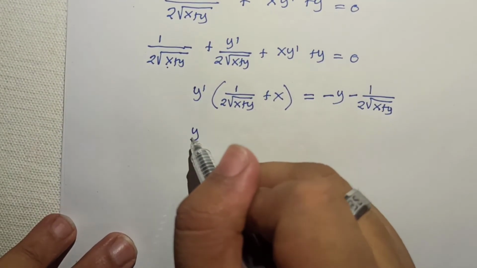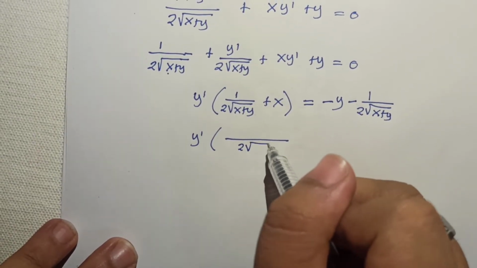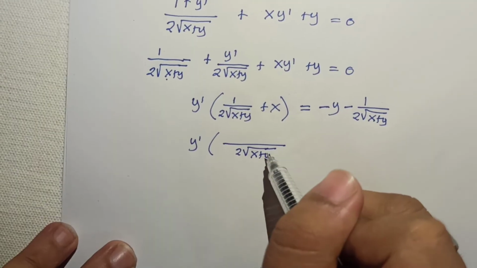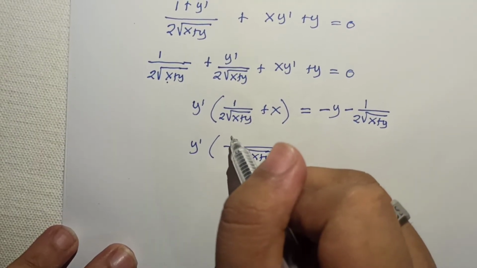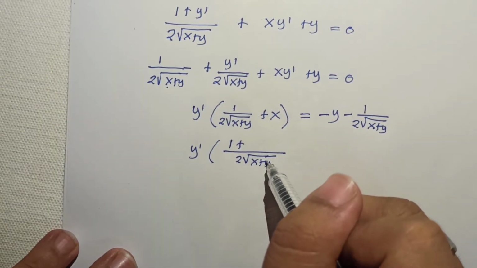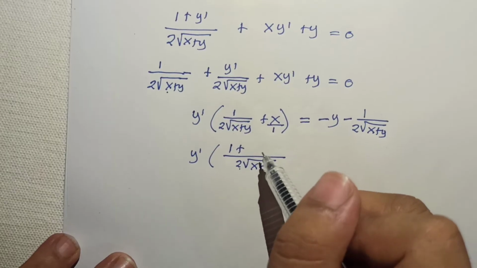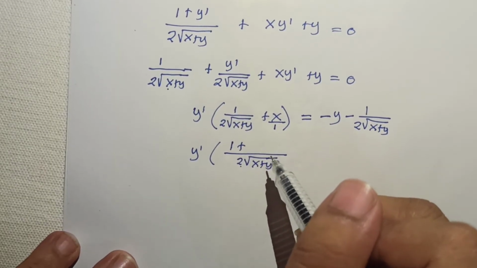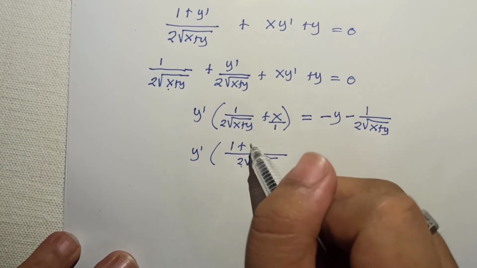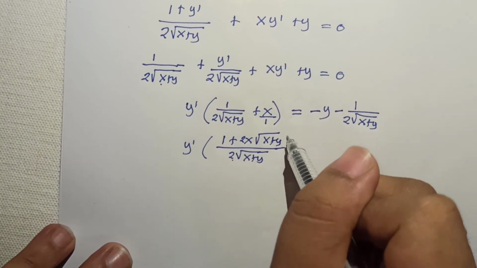Next, we have to simplify first. So the LCD of this one is 2 square root of x plus y. So this is 1 plus this 1 divided by 1, that is equal to 2 square root of x plus y times x, that is 2x the square root of x plus y.